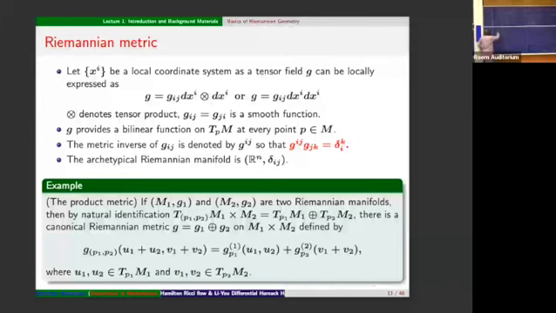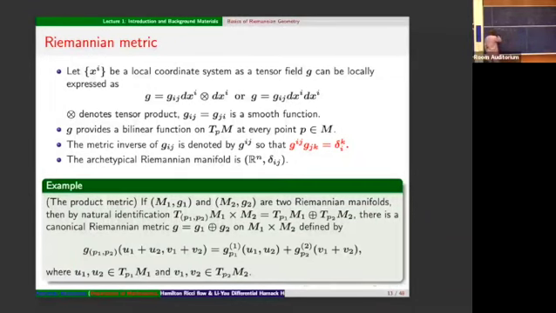So you have the product example I'm giving here. Let me write it again. I give a product metric. You have M1, G1, which is Riemannian manifold 1, and you have the second Riemannian manifold M2, G2. Then you can define the tangent space.